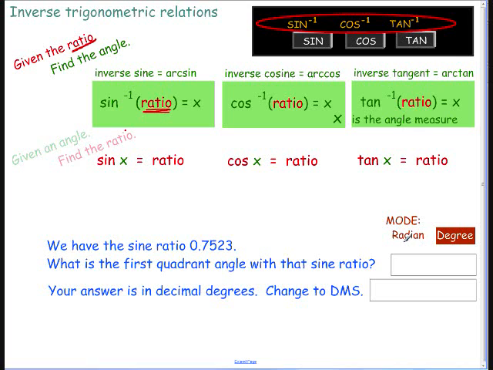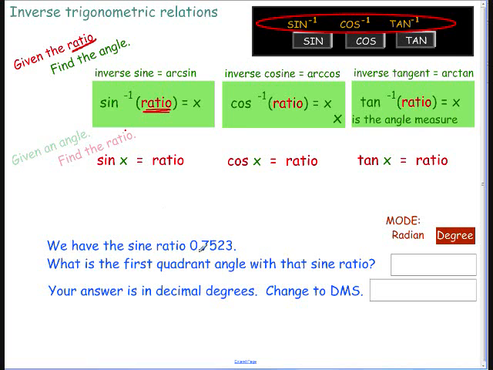So there is a possibility of getting 2 different answers. If you're in radian mode, your x is going to come out as the angle measure in radians. If you're in degree mode, your angle measure will come out in degrees. Okay, x is the angle measure.